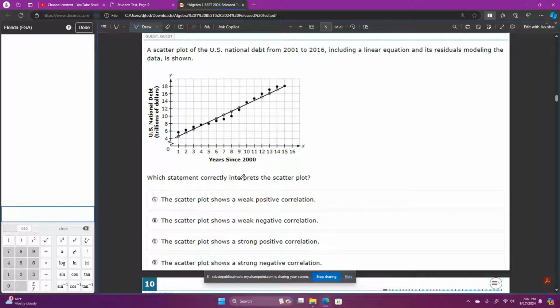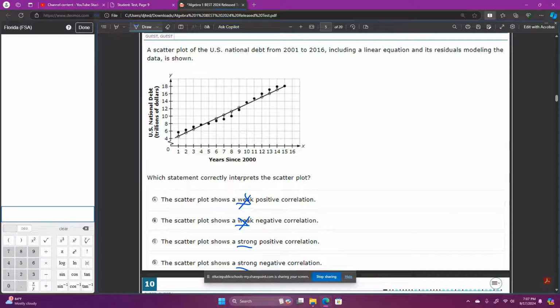And if we look at this, right, we got some dots, we got a line. For the scatter plot, what are our key words here? Weak or positive. So that's telling us, are our dots close or way far away from the line? And to me, it looks really close. So I would say that's a pretty strong correlation.